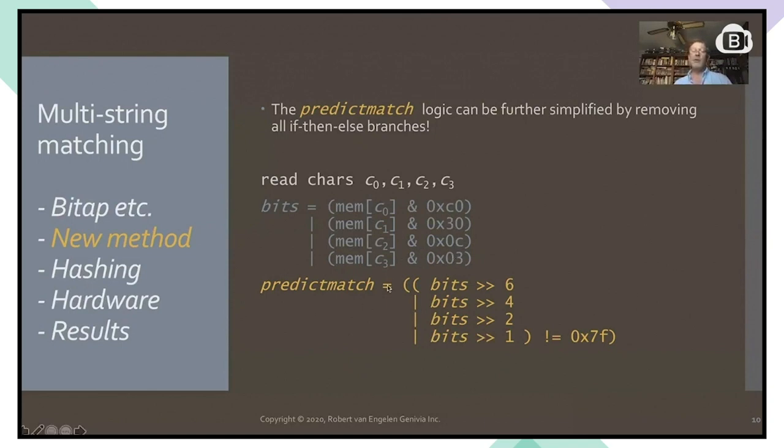The only thing that you need to do is to compute the bit shifts and OR them together. Compare that to 127, 7F hexadecimal. That is the 7 bits that we're interested in. If that's not 7F, then we have a potential match. If this is equal to 7F, there's guaranteed no match whatsoever.